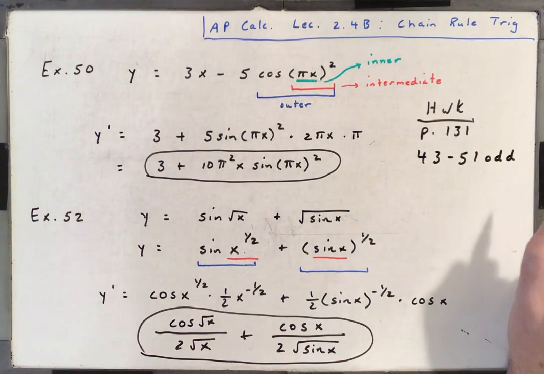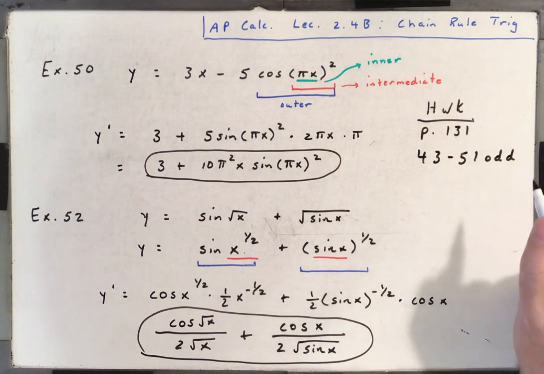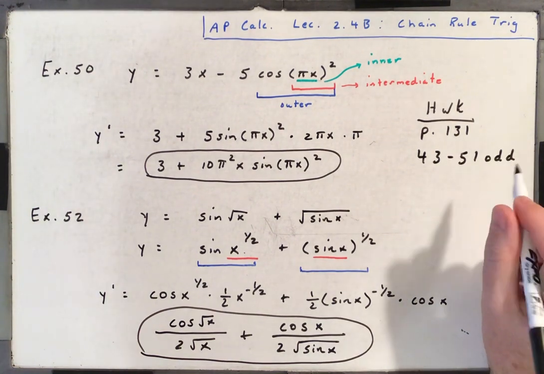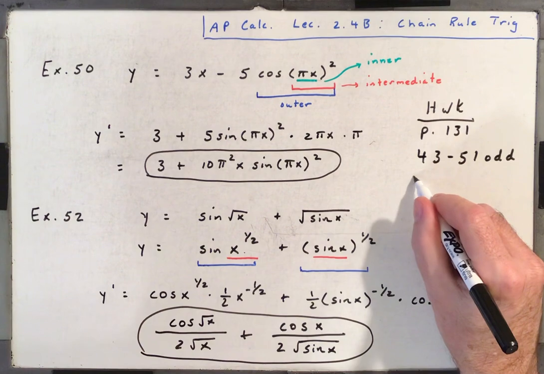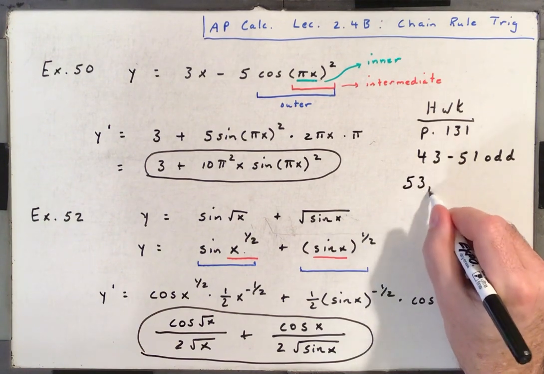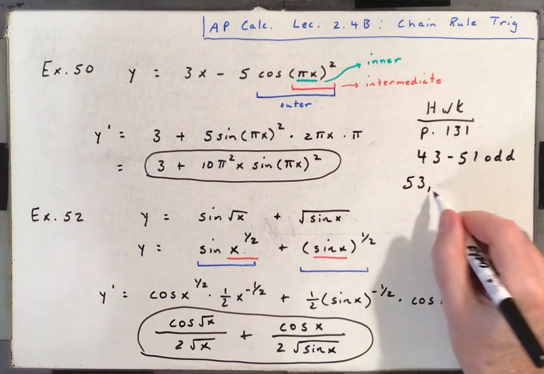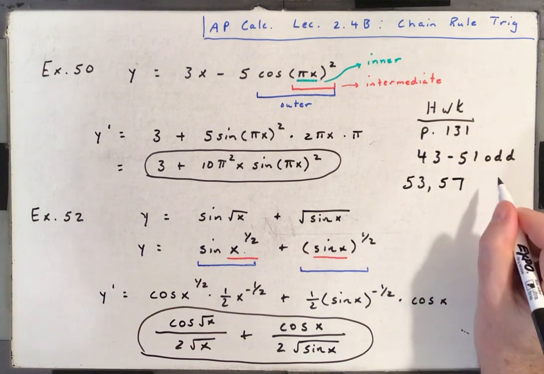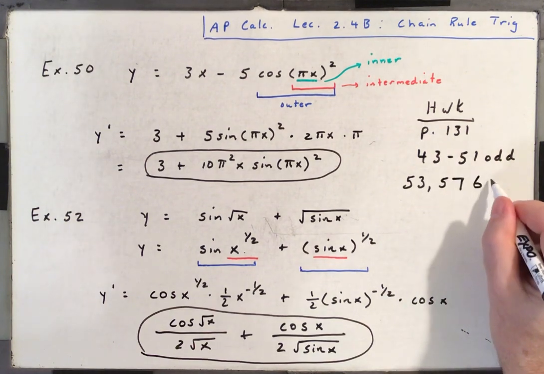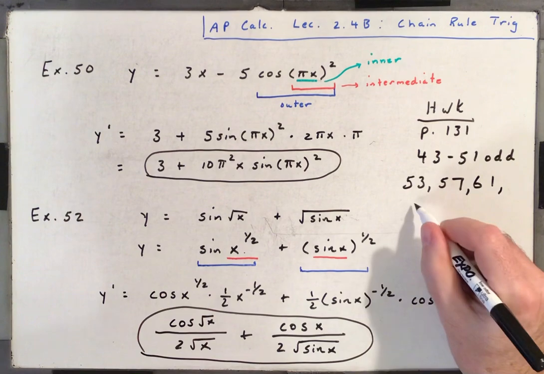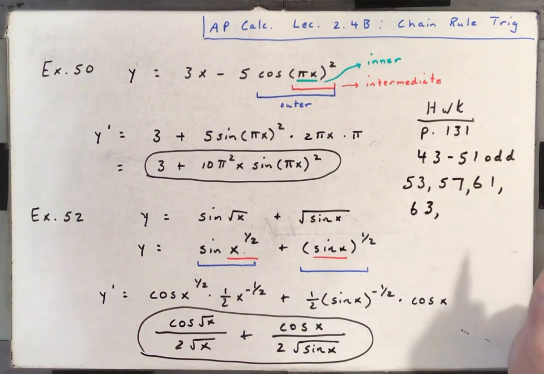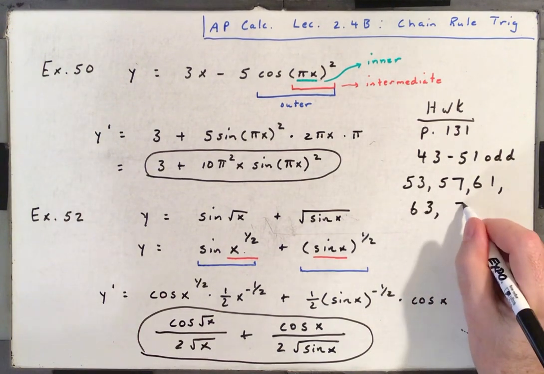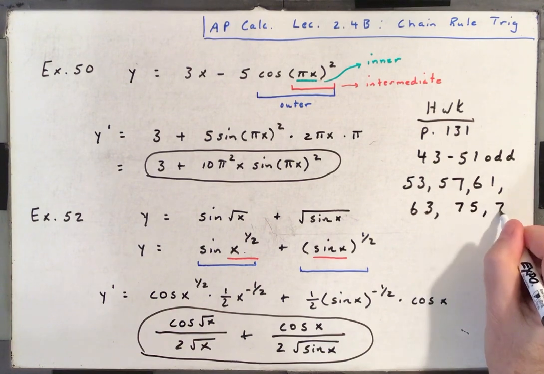That's just the odd ones versus the even ones I worked. And then some others that'll be more practice for the chain rule, not necessarily only trig. 53, 57, 61, 63, 75, and 77.